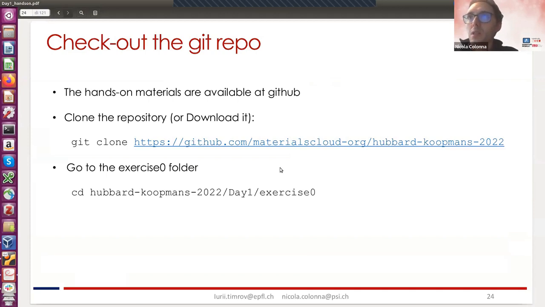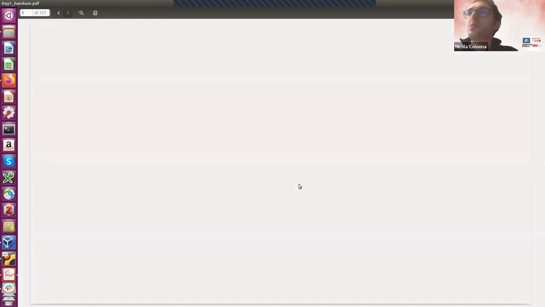If you haven't done so yet, please keep in mind that this is the Git repository where the material is hosted, and it's good if you start the virtual machine so that you are ready to run the tutorial and we don't lose too much time.